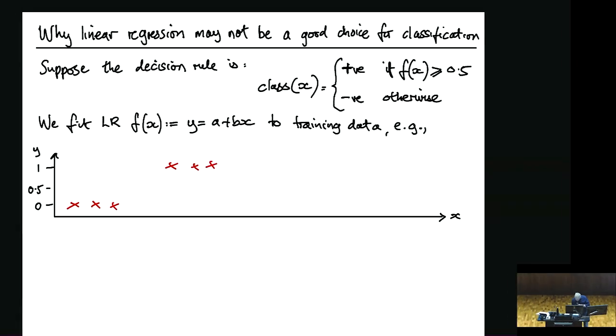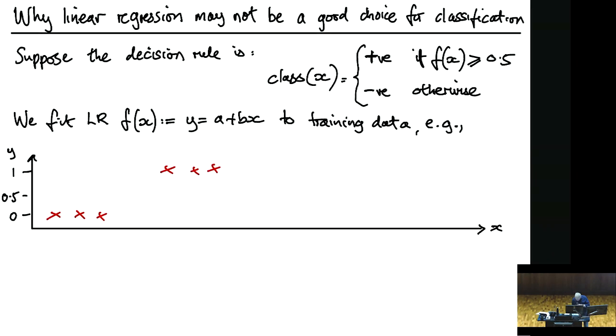Right, so you'd fit a linear regression, and it might look something like this. Okay, it's kind of linear. And then the threshold would be about here. Right.